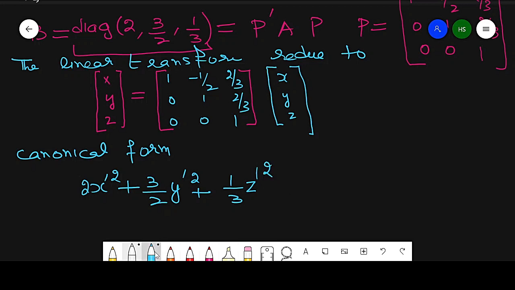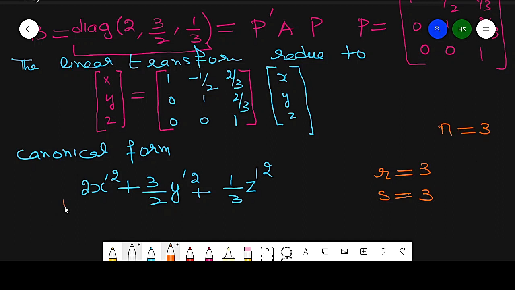Now check what is the index and what is the rank. The rank R is 3 and the index is the number of positive terms, which is 3, and the number of variables n is again 3.